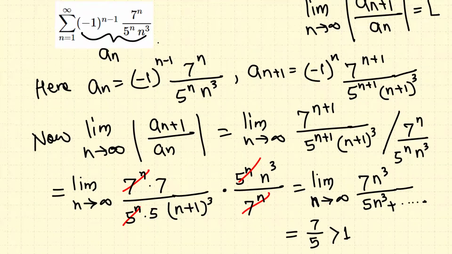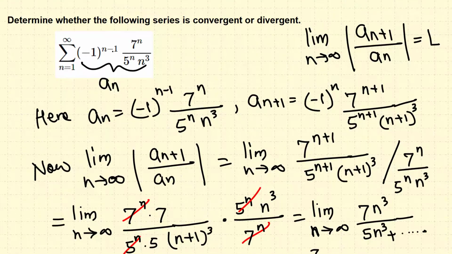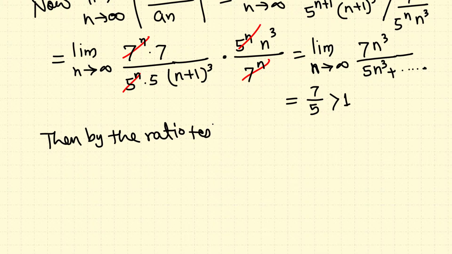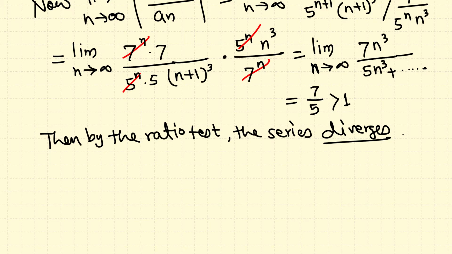That means the given series diverges by the ratio test. Ratio test, the given series diverges, or the series is divergent, same thing.